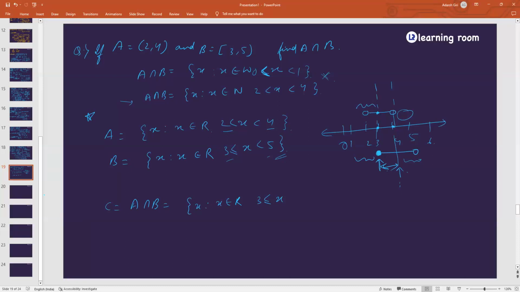Sir, so should we write it as 3 less than or equal to X less than 4? Less than 4. That's correct, Nivedita. Because 4 was there in set B, but in set A, we did not consider it. In set A, the 4 was left. 4 was not to be considered.